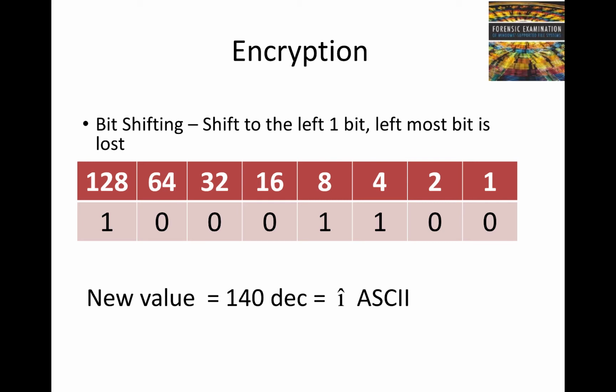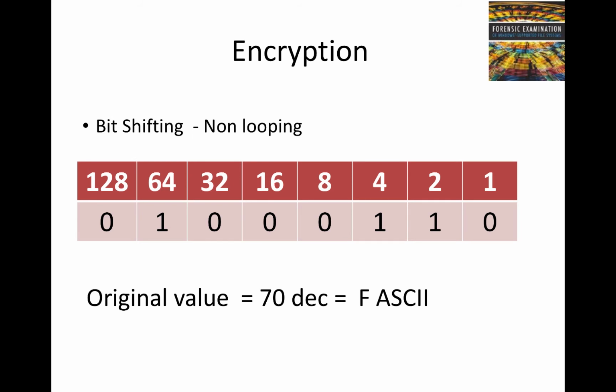Okay. So again, I'm going to flip back here. Remember, if you look at this, originally the most left bit under 128 is a 0. We're now shifting each one to the left, and that 0 is just going to drop off. And we're going to add a 0 onto the right-hand side.